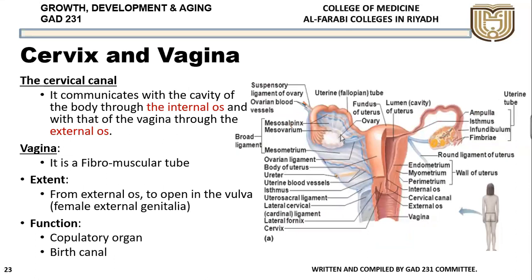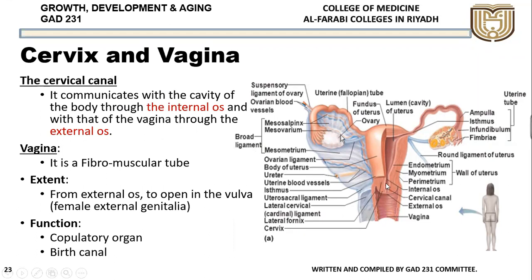Finally, we come to the cervix and the vagina. The lowermost part: this is the cervix, and below this is the vagina. First we will study the cervix. If you can see here, there is a small cavity within the cervix. This is called the cervical canal. It communicates with the cavity of the body through the internal os, and with that of the vagina through the external os.